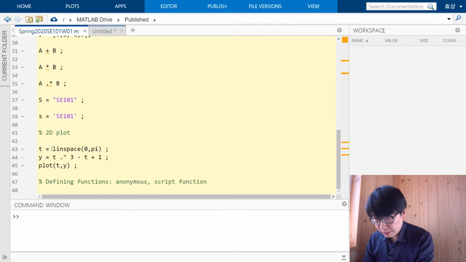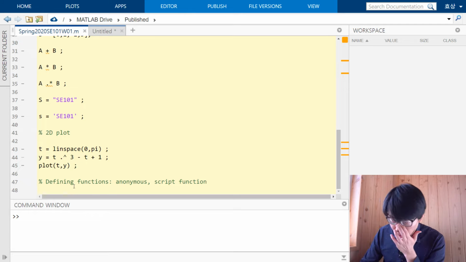I briefly explained what linspace is. This is basically a command that generates an array of values evenly distributed from the starting point to the end point. We're going to study this further.